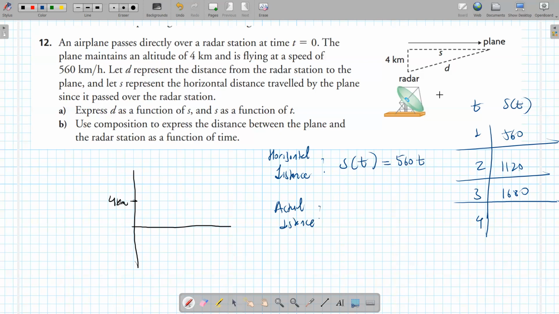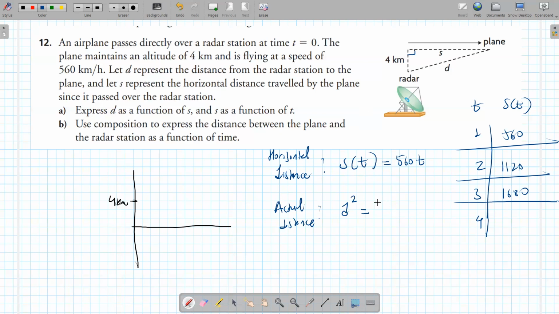So how do you get D? Gotta use Pythagoras. D squared, the hypotenuse, is going to be equal to what plus what? We're just looking at this triangle. The right angle is right here.